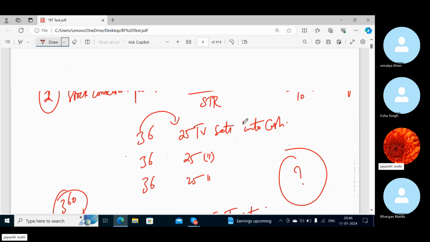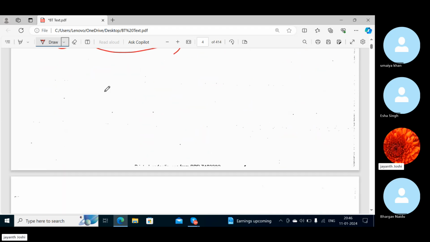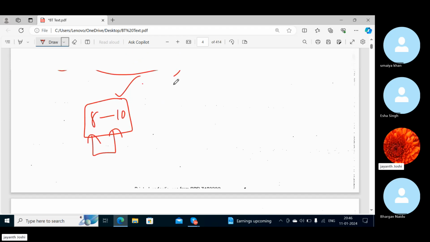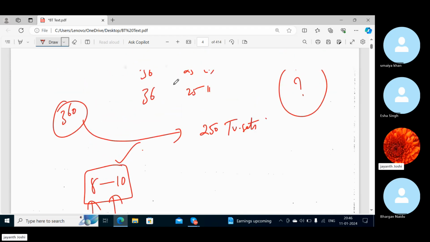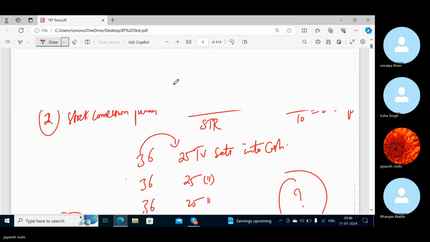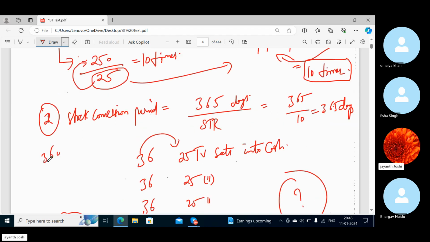So now my question to you is, the ideal stock turnover ratio is always 8 to 10. Whenever you are going to invest in a company, you check its stock turnover ratio. It should always be between 8 to 10, and if it is greater, it is even better. Let's say my stock turnover ratio is 12. Then 360 by 12, so 30 days it will take for me to convert my inventory into cash.